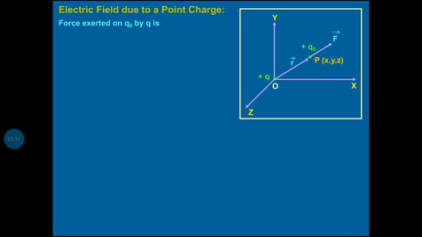The force exerted on Q0 by Q is the F vector, that is, the Coulomb force, the electrostatic force, equal to 1 by 4 pi epsilon naught Q Q0 by R square R cap. So what is R cap? R cap is the direction of the force vector, and this can also be written as F equals 1 by 4 pi epsilon naught Q Q0 by R cube R vector.